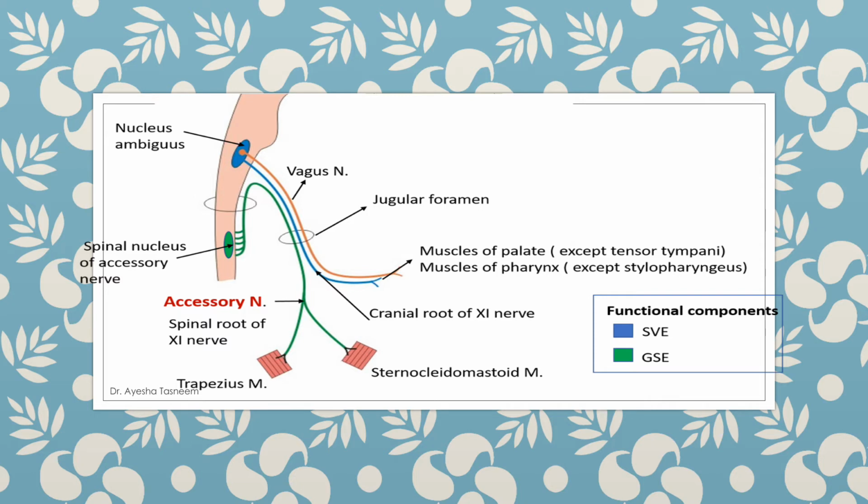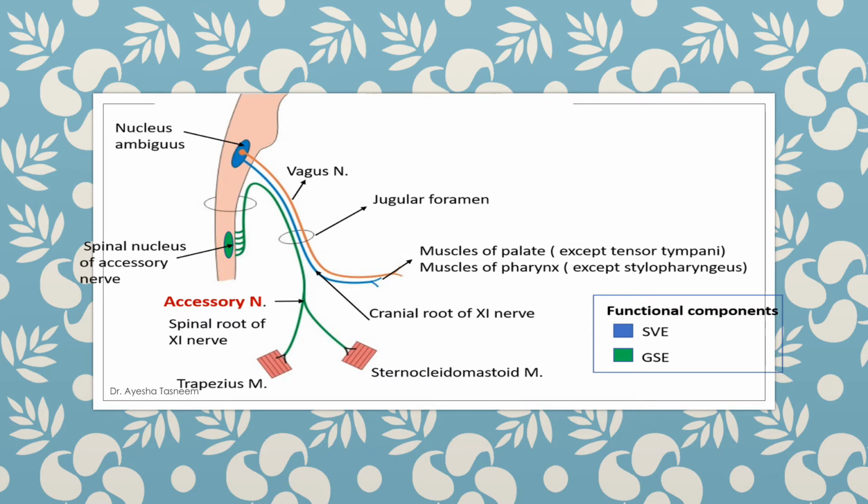The cranial root is distributed to the muscles of the soft palate, pharynx, and the larynx, along with the vagus nerve. It forms a plexus there, and there it gives motor supply to the muscles, as well as sensory supply.